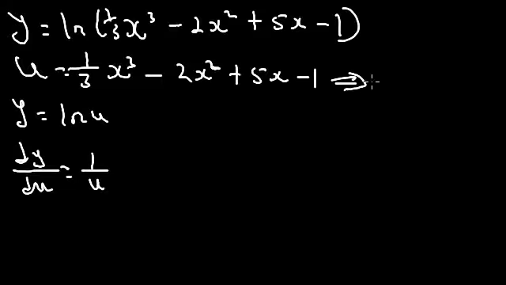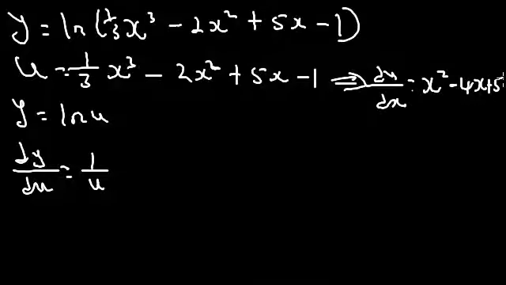So now, what about du/dx? Differentiating this entire polynomial would simply be x squared minus 4x plus 5. I hope this part is clear. You should know how to differentiate a polynomial.